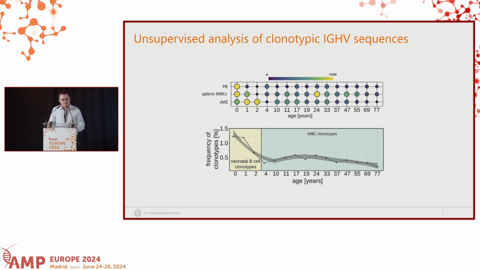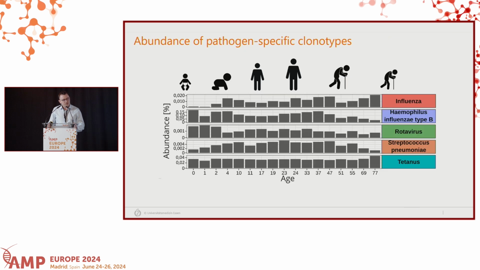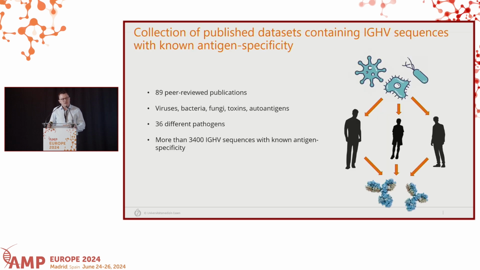As you can see, there are two phases in life. Early in life, there are these neonatal B-cell clonotypes, which are characterized by the absence of Ig mutations. Later on, we see memory B-cell clonotypes. These are mutated. Moreover, we collected from the literature over 3,400 Ig sequences with known antigen specificity.